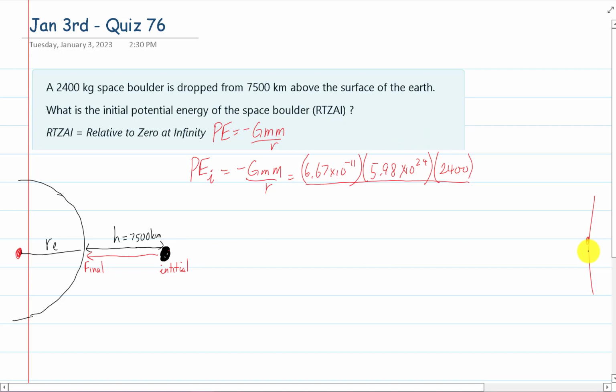Even though we're measuring it with respect to infinity, the R is the separation distance, so the center of the Earth to the height there. So we have to add the radius and the height together. So this will be 6.38 times 10 to the 6th, that's the radius of the Earth, plus 7,500,000 meters. Okay, it has to be in meters.